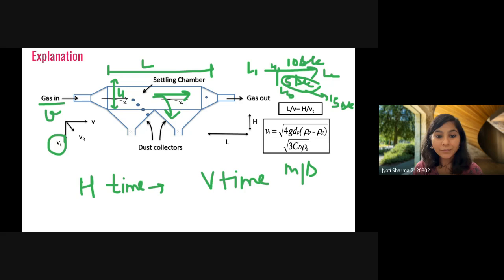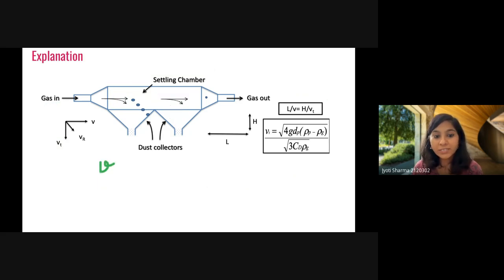So let me remove this first. So velocity is equal to distance upon time.